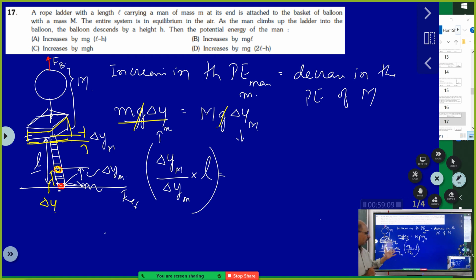Now see, if this balloon system was not there and it was a simple ladder, then his potential energy would have increased by mgL. Now it is decreased by this quantity.